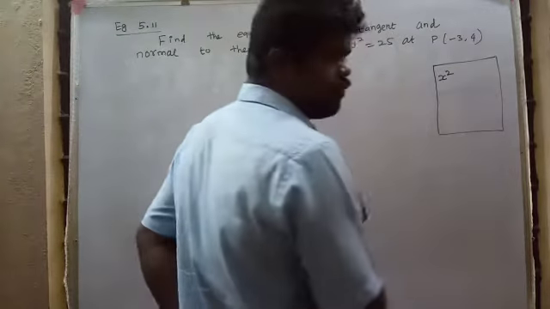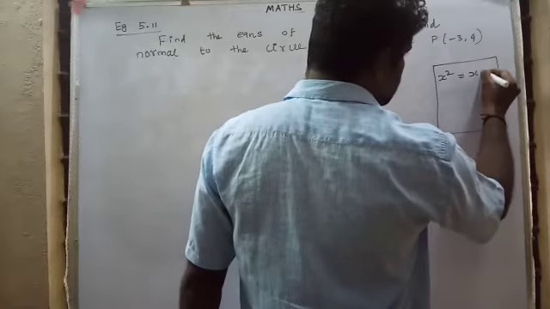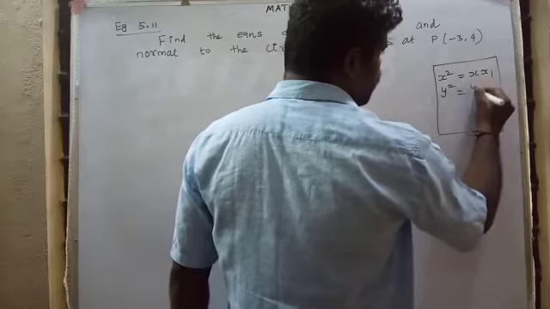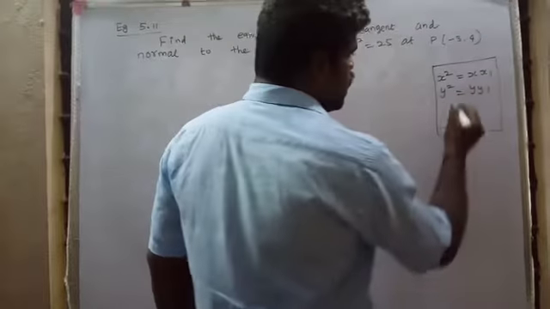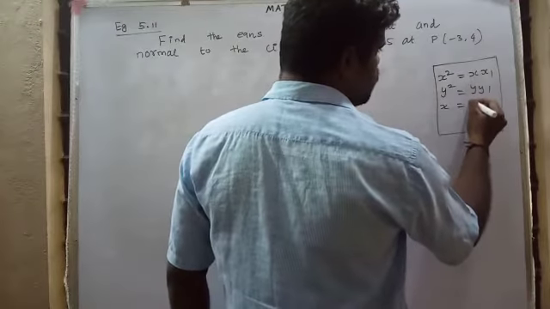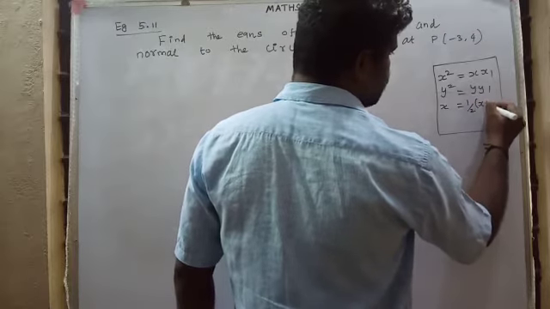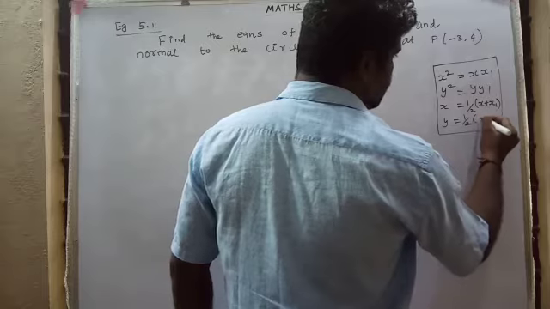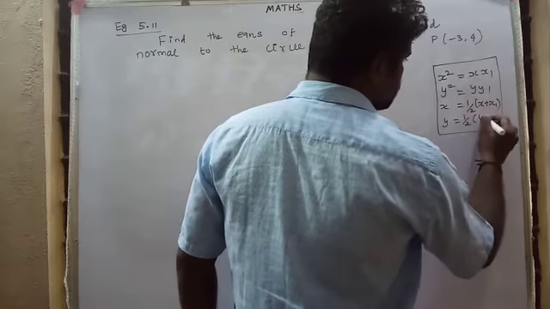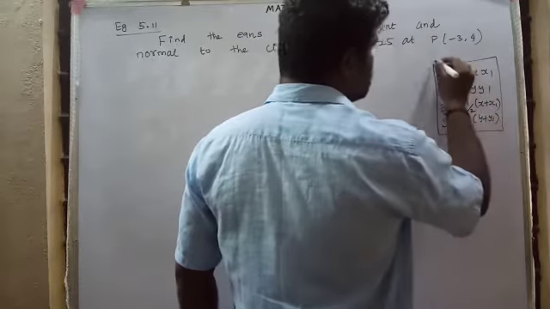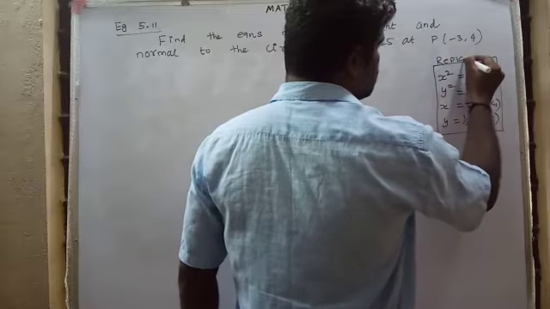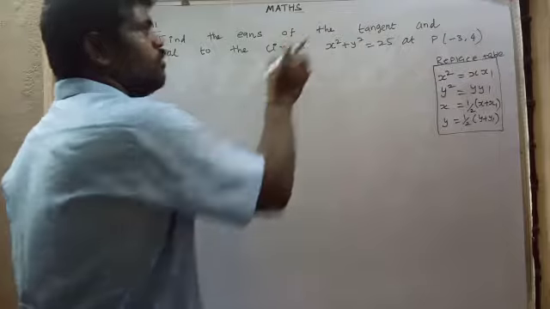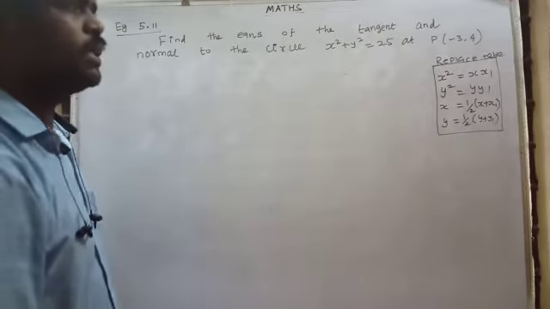The x square is replaced by x x1 and the y square is replaced by y y1, and the x is replaced by 1 by 2 (x plus x1) and y is replaced by 1 by 2 (y plus y1). This is a very important replacement table for finding the equation of tangent and normal.